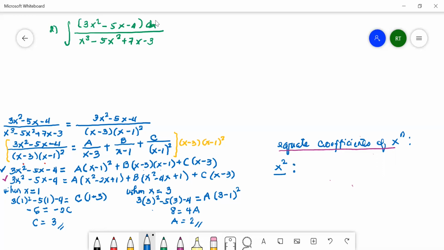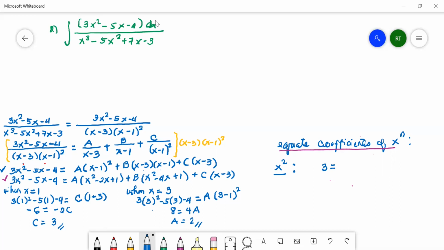If we equate the coefficients of x squared, look at the left member: we have a second degree term here, 3x squared, and of course the coefficient is 3. There are no more second degree terms on the left member. So 3 is equal to... now focus on the right member. In the first term, we have a times the quantity x squared minus 2x plus 1.